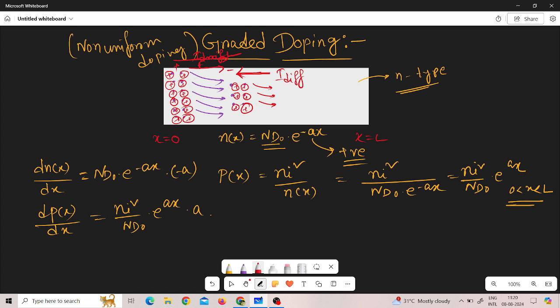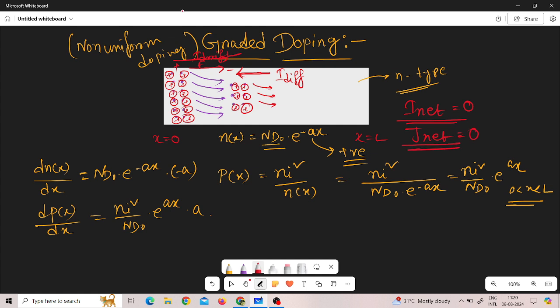So at equilibrium, what will happen? Both will cancel each other. Total current I net becomes 0. So we can say that the current density J net will also be equal to 0.